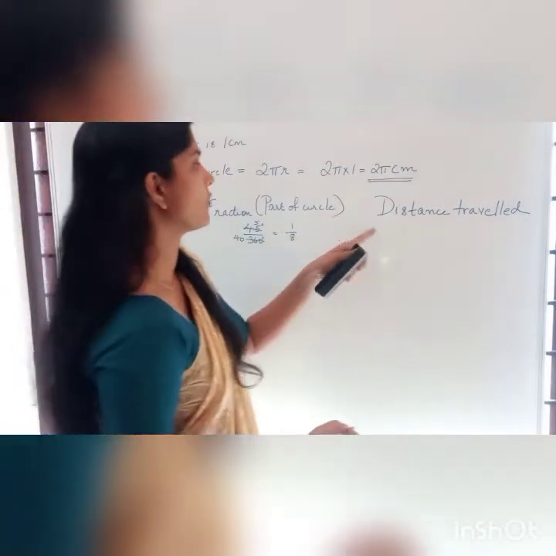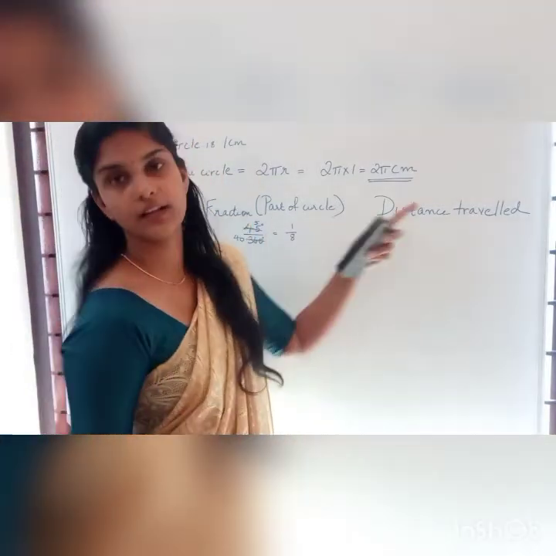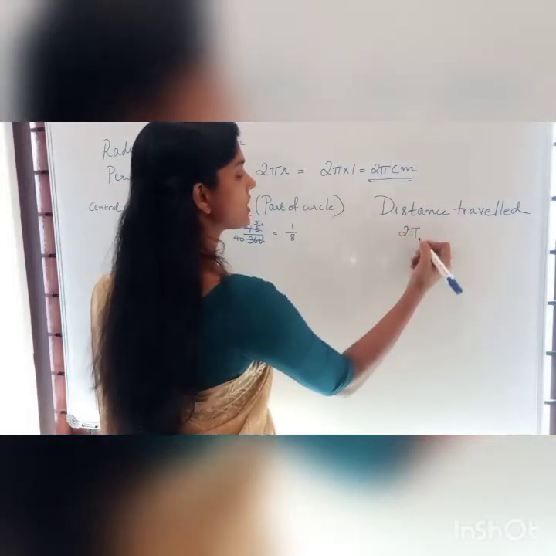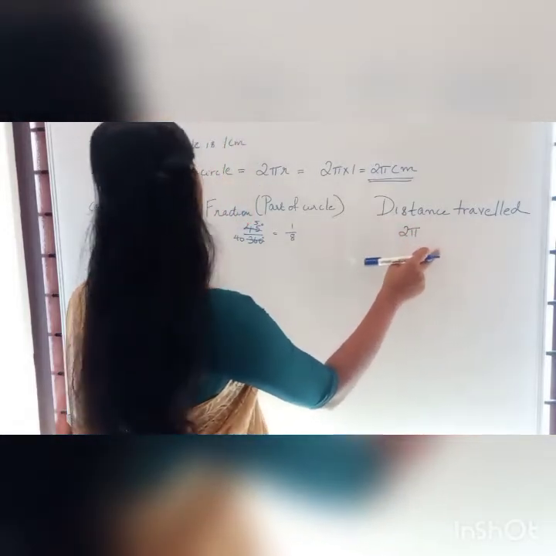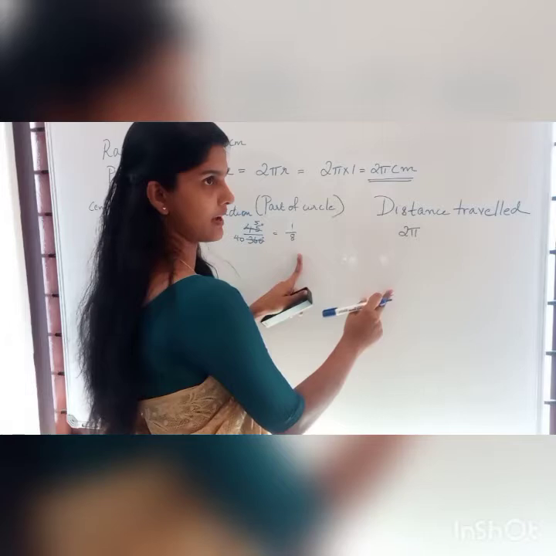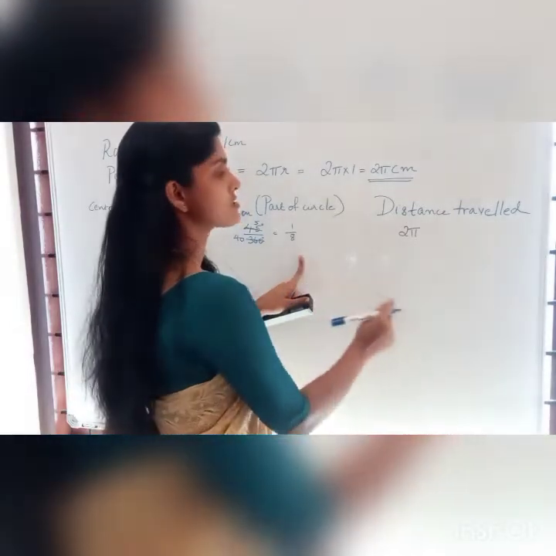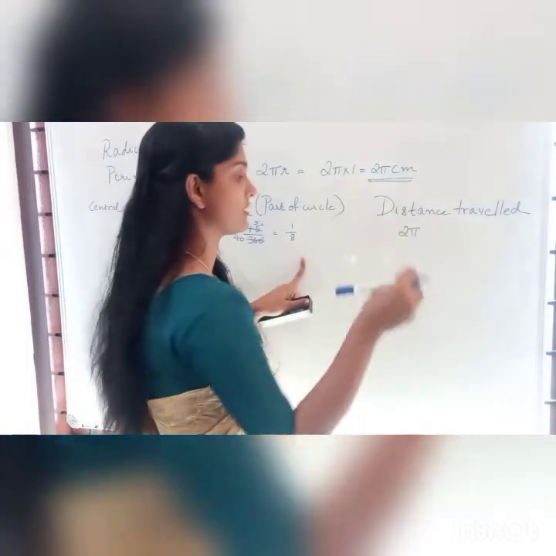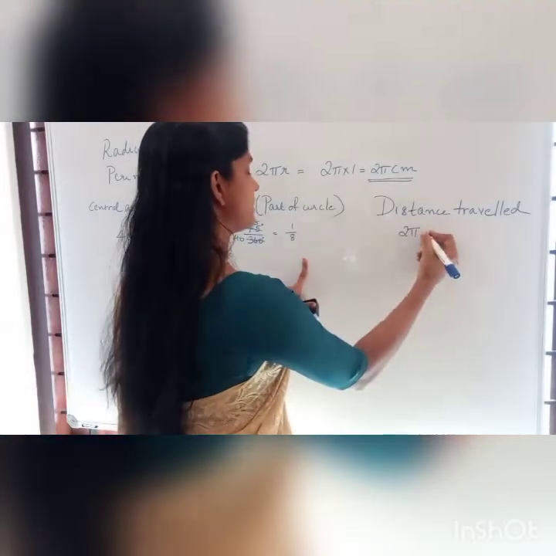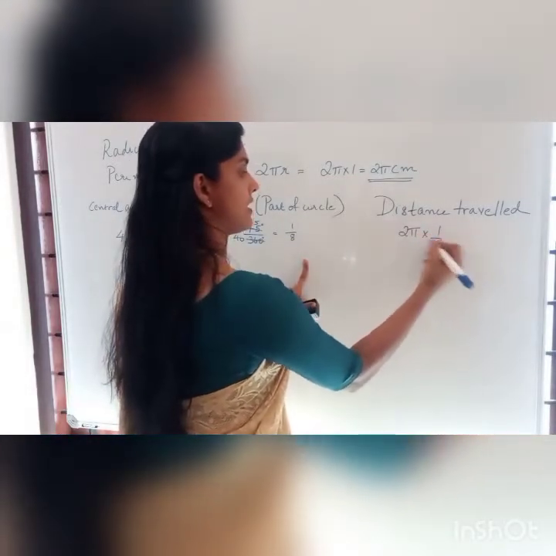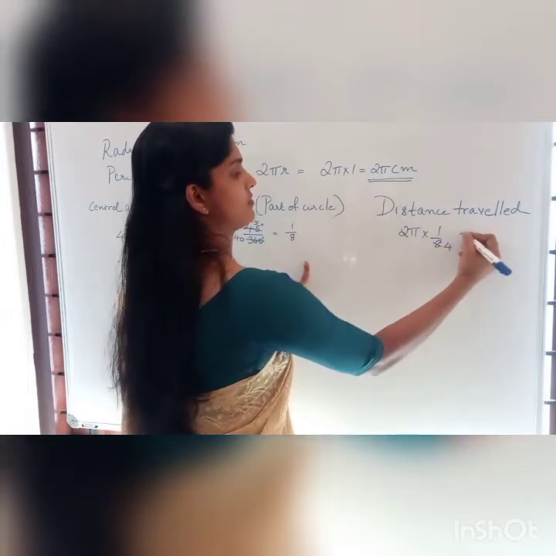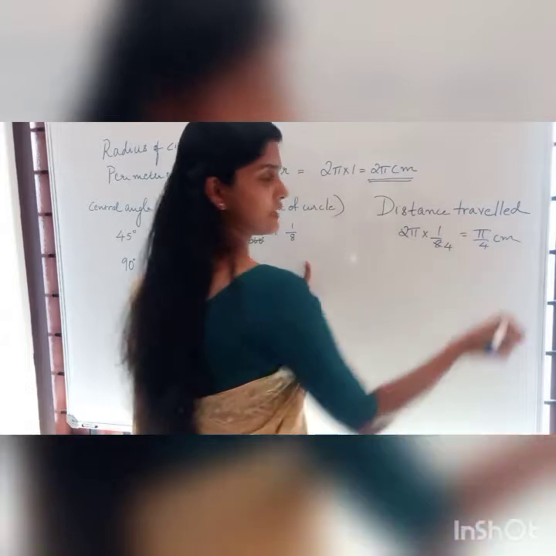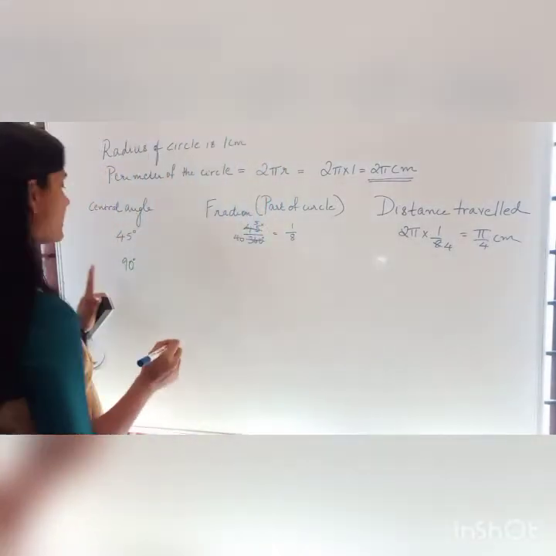Now, what is the perimeter of the circle? It's 2 pi, right? So, what part of the circle would have traveled? It has traveled 1 by 8 part of the circle, right? So, in terms of distance, either in the unit of centimeter or meter, we can write it as 2 pi multiplied by 1 by 8, pi by 4 centimeter.